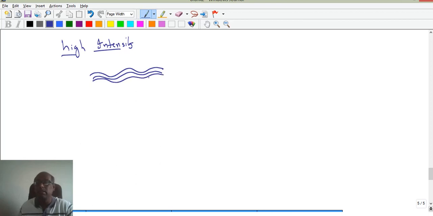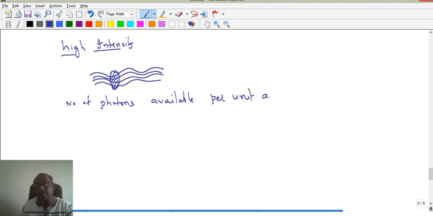So the number of photons available per unit area is very large, leading to high intensity.